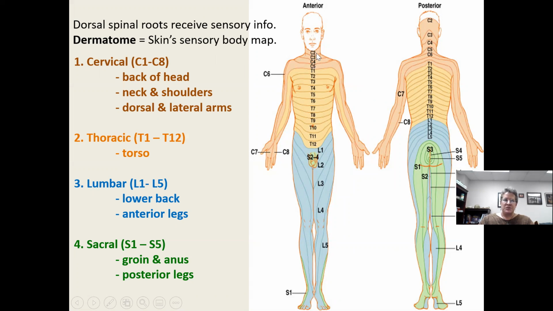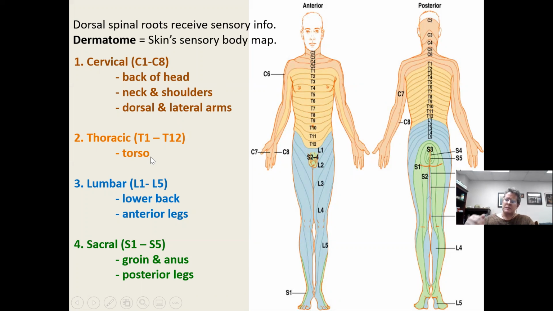It's basically sensory perception of the back of your head, tops of your neck and shoulders, and your dorsal and lateral arms. So lateral means the side, and dorsal means the back side of your arm. That's sensory perception for all those regions. Okay, so it's interesting to know that up in your cervical region of your spinal cord, you have sensory perception of your arms.